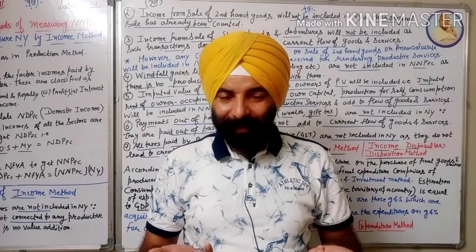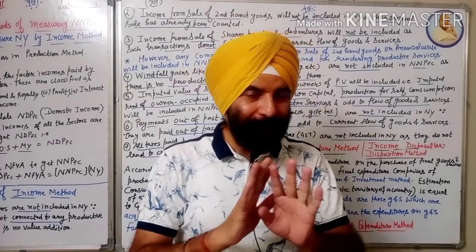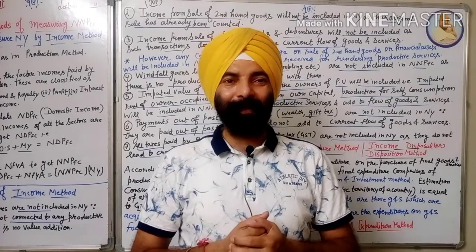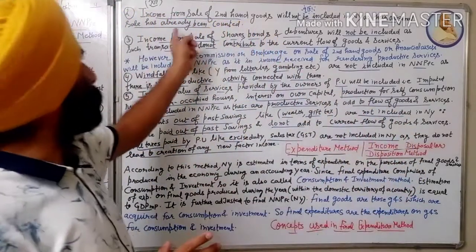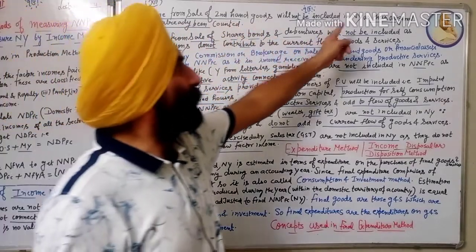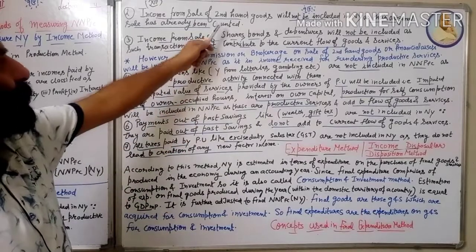Or as it is, we know that whenever the second hand good is sold, no fresh output is being produced. So there is no generation of income. So it means the income from the sale of the second hand goods will not be included. Why? As their original sale has already been counted.